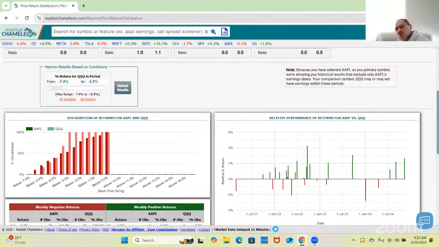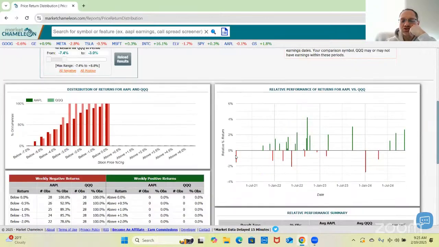So just visually, we could see when these instances occurred, the dates that these instances occurred, and visually, how often did it outperform or overperform on these extreme moves to the downside.